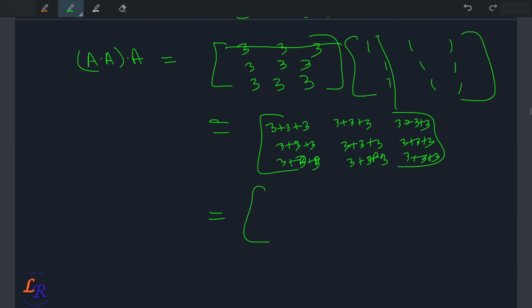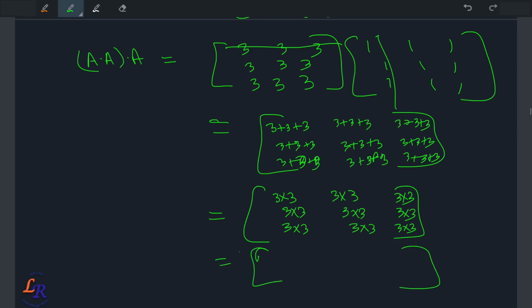You can write this as 3 into 3, or 3 squared, and so on, so A cubed has every element as 3 squared.